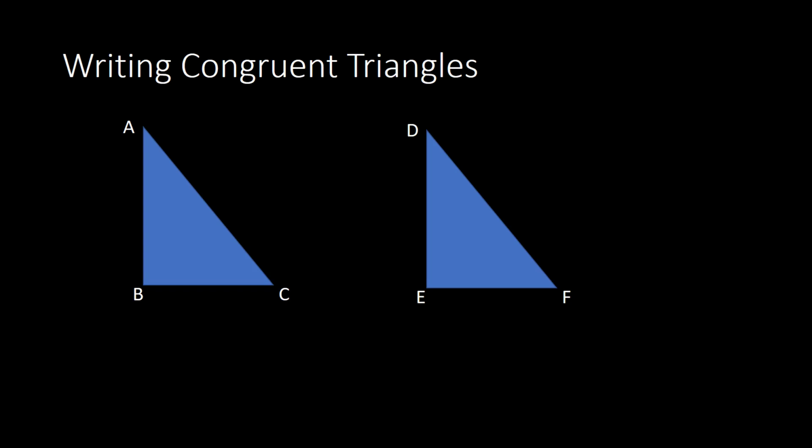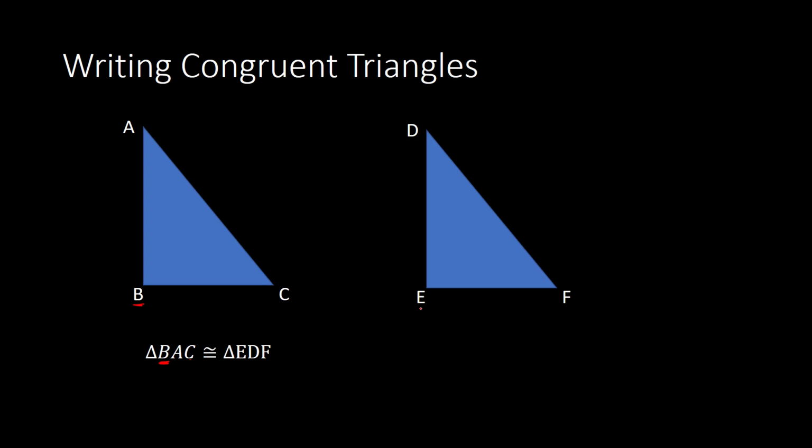What I mean by that is if we were to say that triangle BAC is congruent to the other triangle, I need to make sure that the letters are matched up. So if I have letter B coming first when I write triangle BAC, then the corresponding vertex must also come first for the other triangle.